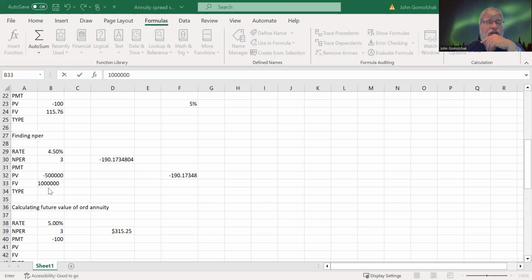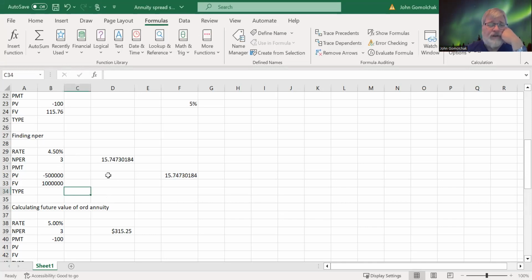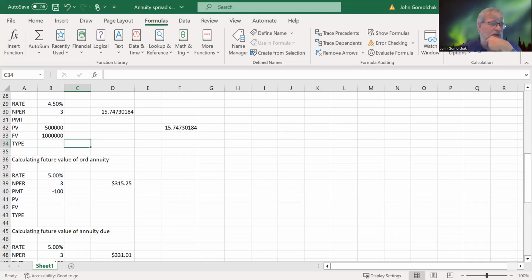I put in the future value of $1,000,000. It gives 15.747, and looking back at the book it says 15.7473. Perfect. So it's good to know that our book and our worksheets are agreeing. So I assume the book is right.